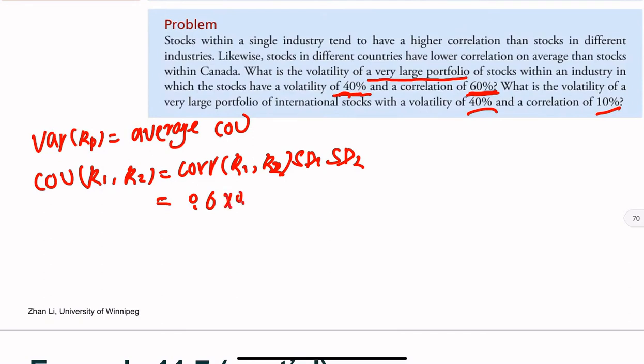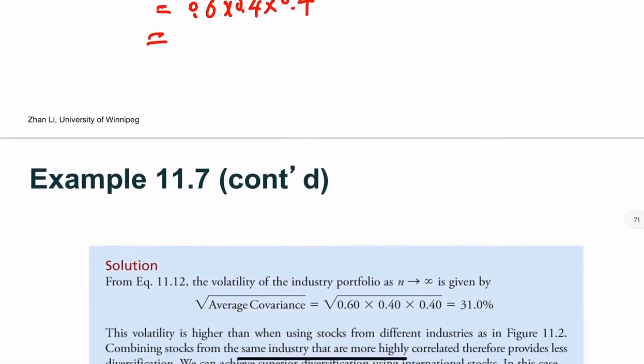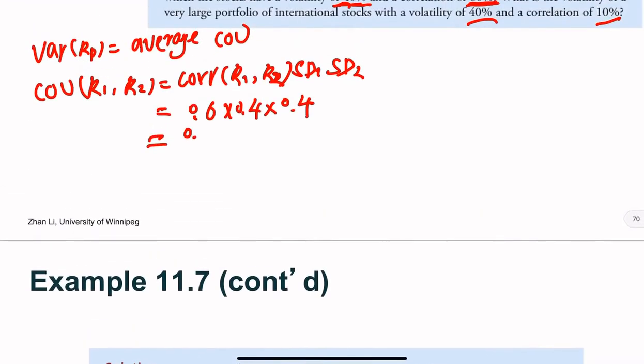So times 0.4 times 0.4, right? I think this gives us, I don't know what's the number here. I think, okay, it's 2.4 times 0.4. I think it's 0.096.